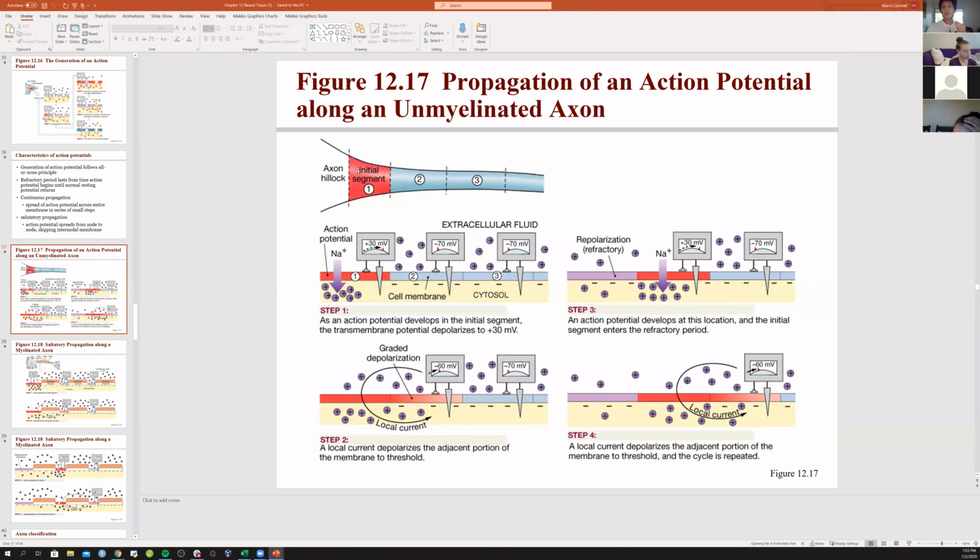Once you reach the threshold for depolarization, the concentration of these channels allows the action potential to initiate here in a strong manner. And then it jumps from one node to the next. It does its saltatory conduction and so forth.